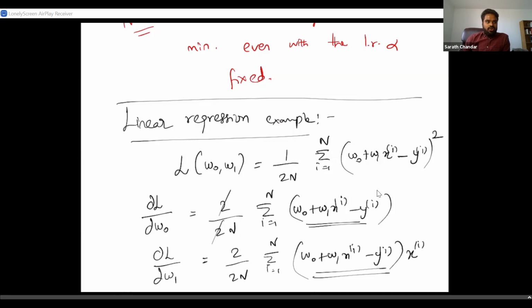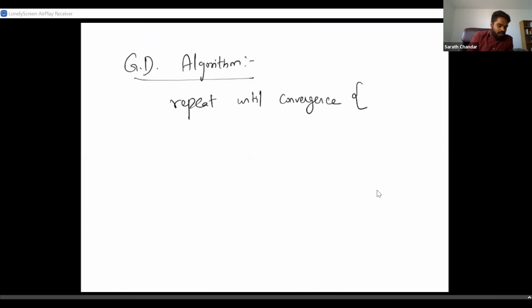Okay. So now I can use these two gradients to write my gradient descent algorithm for linear regression. So basically, repeat until convergence. W0 is equal to W0 minus alpha times the gradient. The gradient was 1 over n, summation over i equals 1 to n, of y hat, which is basically the model's prediction, minus yi, right?